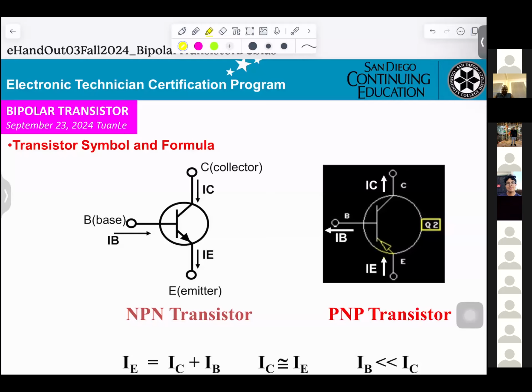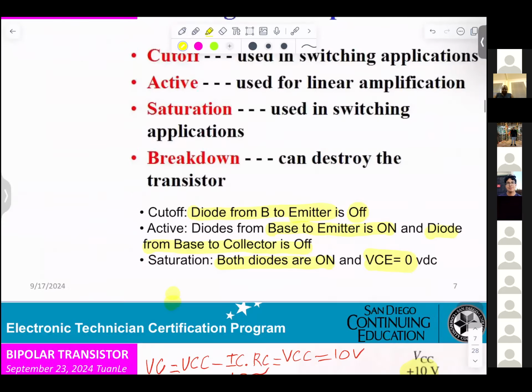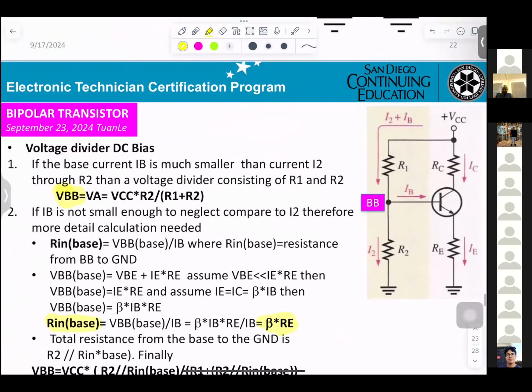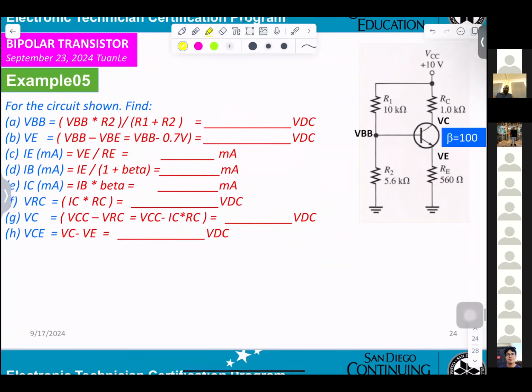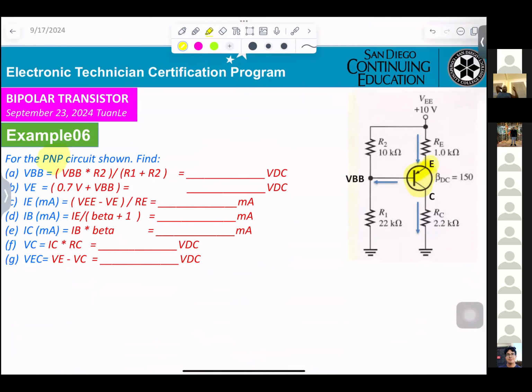Arrow coming in is PNP. Arrow coming out is NPN. Okay. Now, this is a PNP.